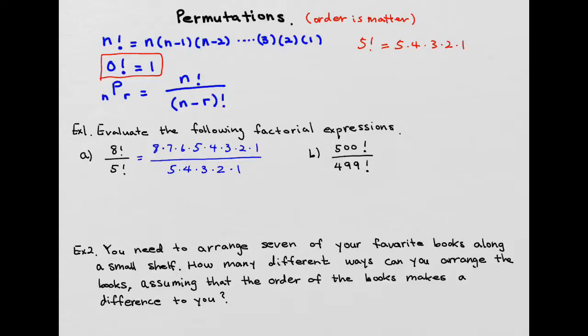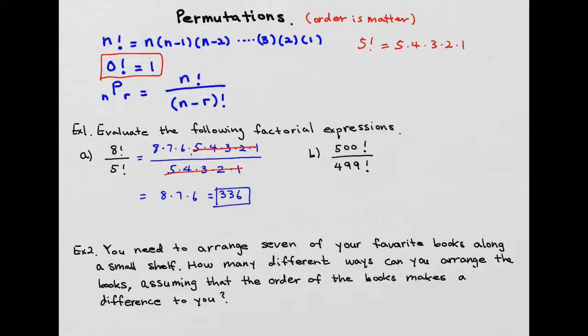So you can see this 5, 4, 3, 2, 1 will cancel out with the same multiplications in the denominator. What's left over is 8 times 7 times 6, which is 336.